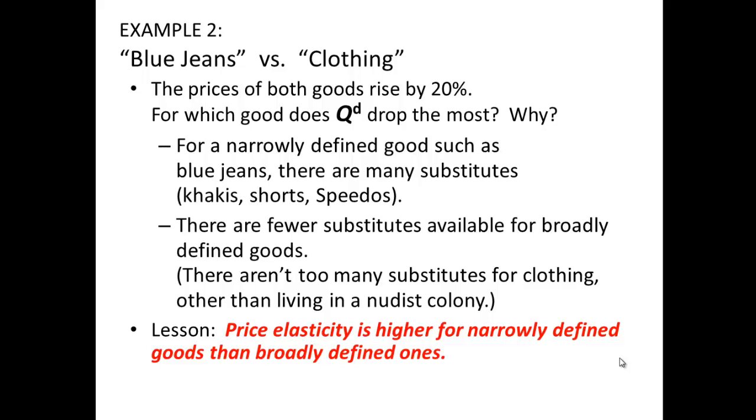However, if the product is broadly defined by the market, for example, clothing, then if there's a change in the price of clothing in general, you'll find that it is more inelastic because there's fewer substitutes. Now, I know that there are some artists who would say, well, let's just use body paint.